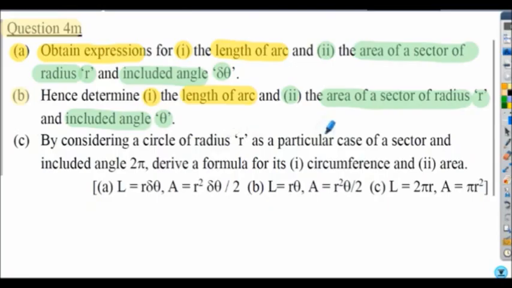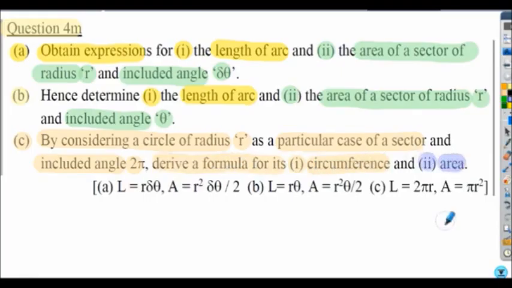So in other words, in part A of the question, we develop our expressions, but in part B we will integrate. Part C, by considering a circle of radius r as a particular case of a sector of a circle with included angle 2 pi, we have to derive a formula for, first of all, its circumference, secondly, its area.